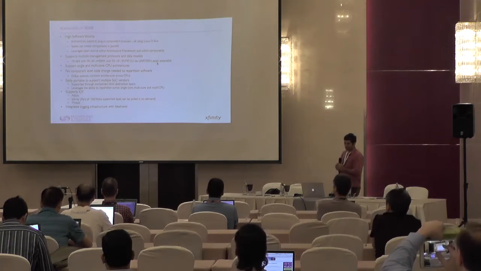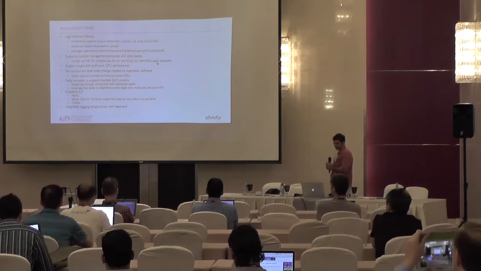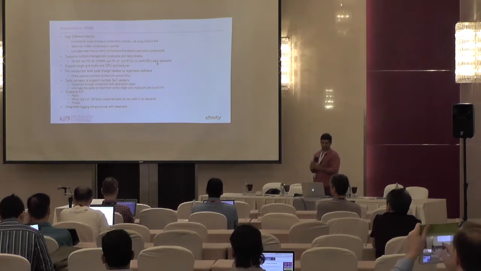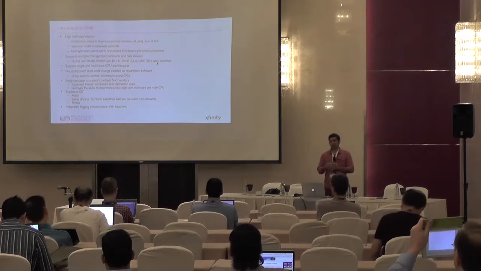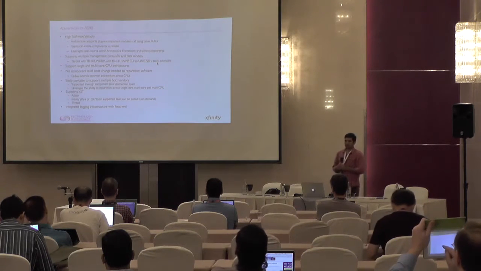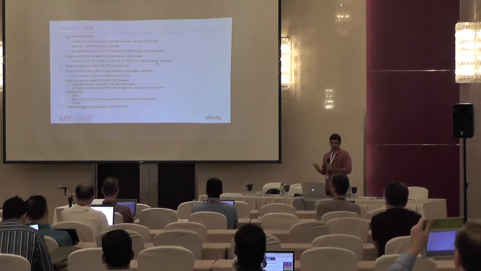And so, talking about RDKB, I'll show the architecture diagram. Basically, it is a heterogeneous architecture. It's also distributed in nature. It has a component registry, and every component registers with it.